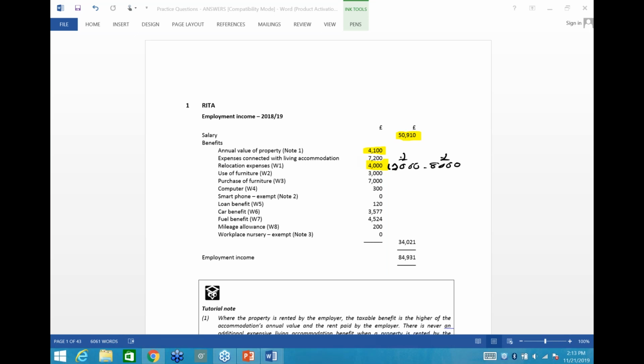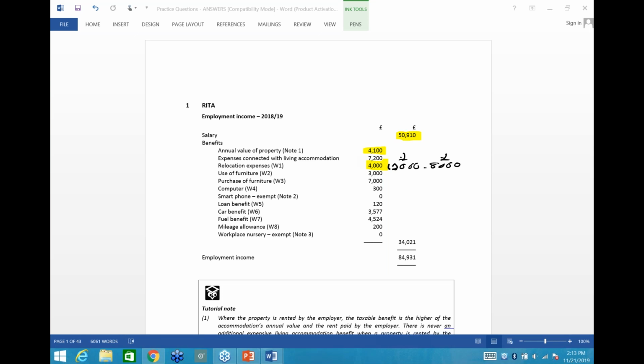Then the question says, Daring Designs Limited also incurred the following expenses in connection with the house in the tax year 18/19. So not only the accommodation provided by the employer. So here Rita is provided with a house. The rent is paid by the employer.